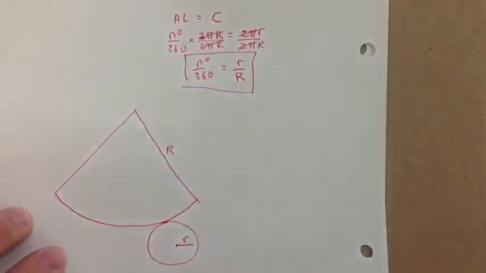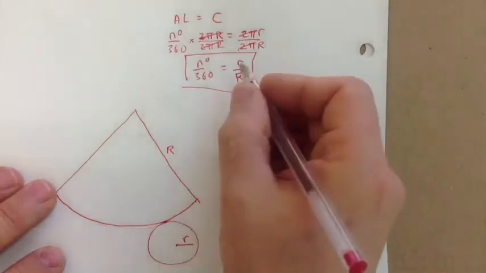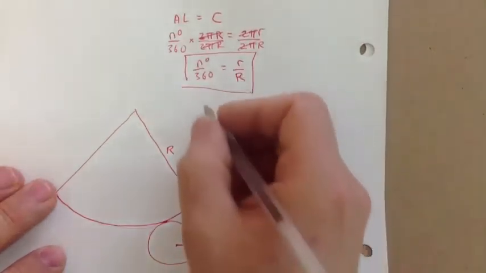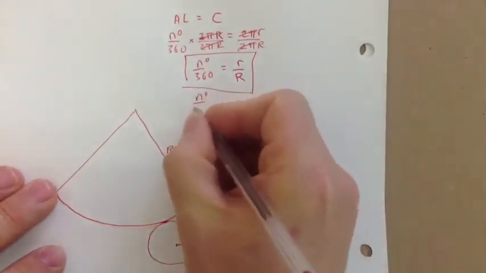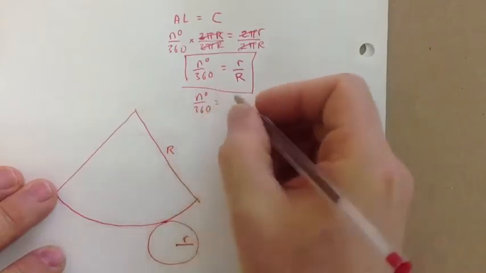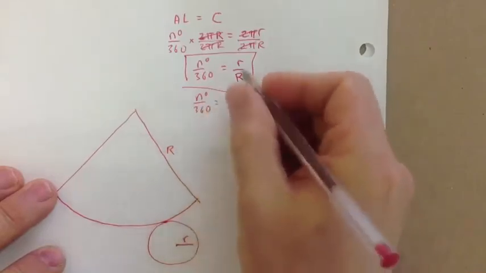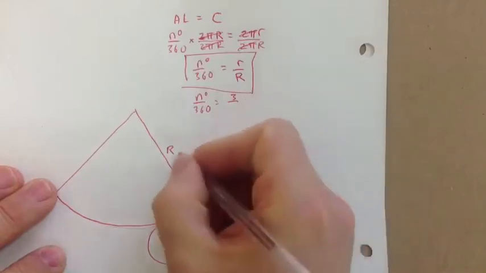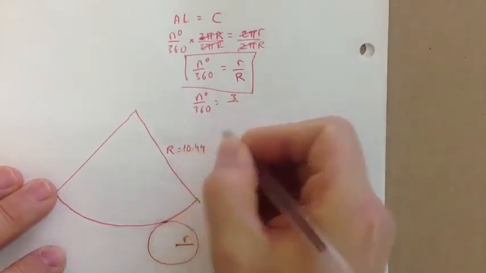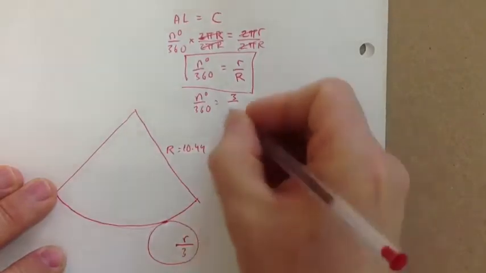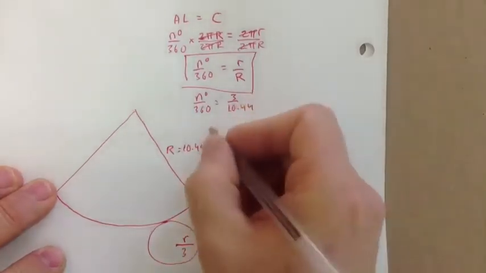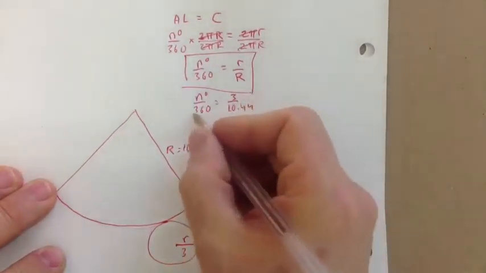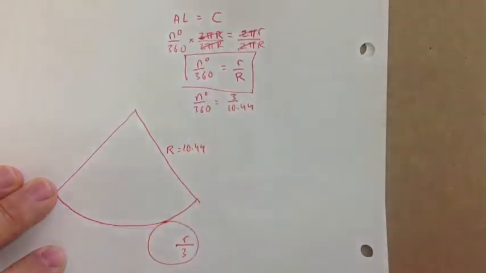All right. So now, we know what little r is. We know what big R is. So n degrees out of 360 is equal to my little radius, which is 3, over my big radius, which is 10.44. And then to get rid of the 360, I can multiply both sides by 360.